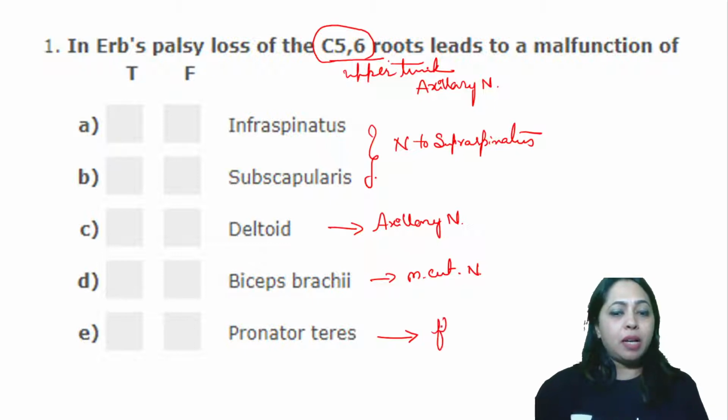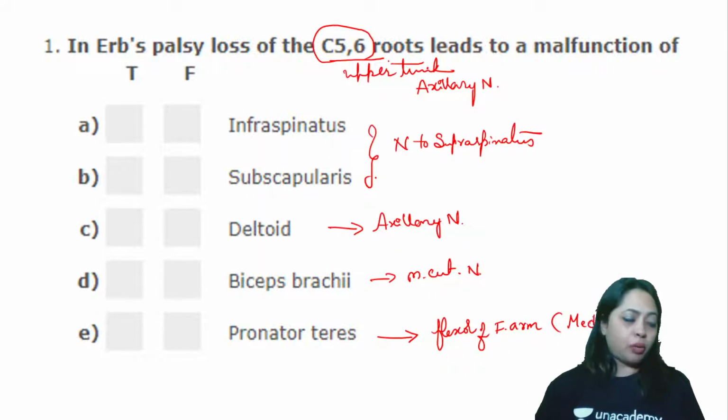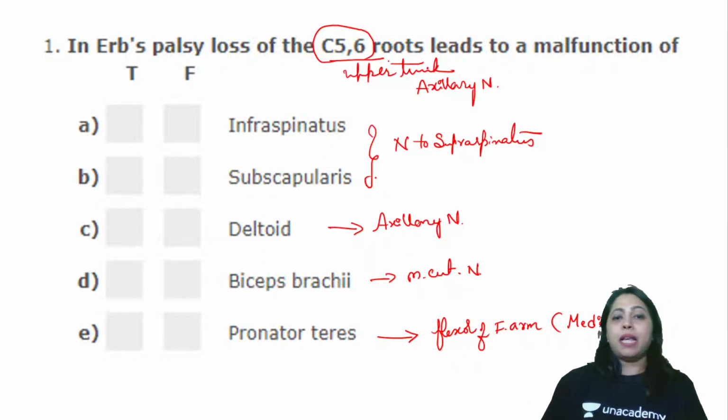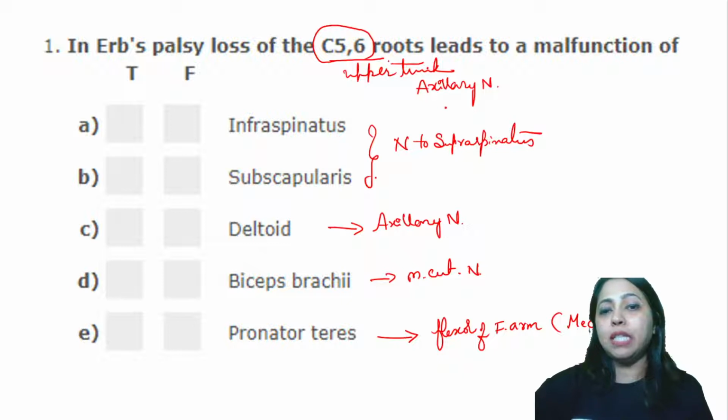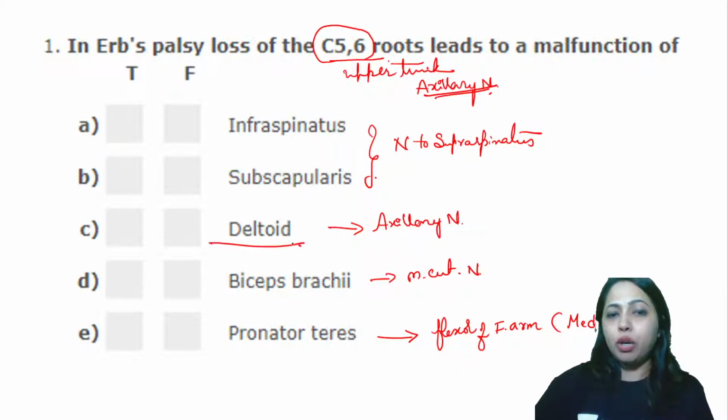It is in the flexor of forearm. It is supplied by median. So now here, which one has the root value C5, C6? It's the axillary nerve, and axillary nerve supplies deltoid.